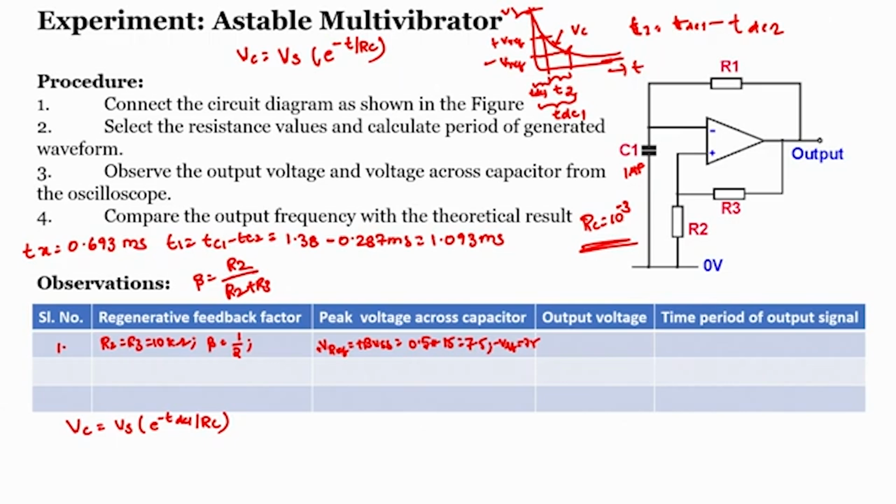Now, what is Vc? Since it is TDC1, I want to consider only till minus V reference. What is the discharge time taken for the capacitor to discharge from 15 to minus V reference?